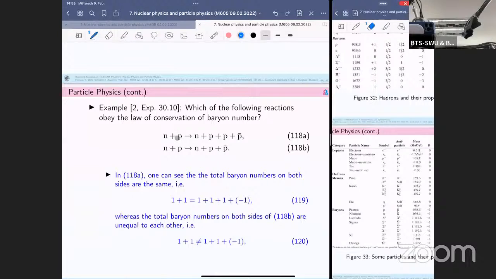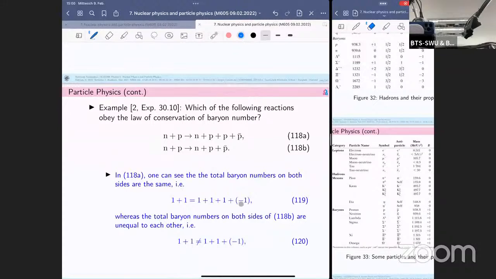Okay, so we have neutron and proton at the beginning, so 1 + 1, baryon number 1 for proton and neutron. And on the right-hand side, the output we get is neutron, which has baryon number 1. Proton has baryon number 1. We also get a second proton, and we write down the baryon number here, 1. And we get a fourth particle, which is anti-proton, and it has baryon number -1 instead of +1.